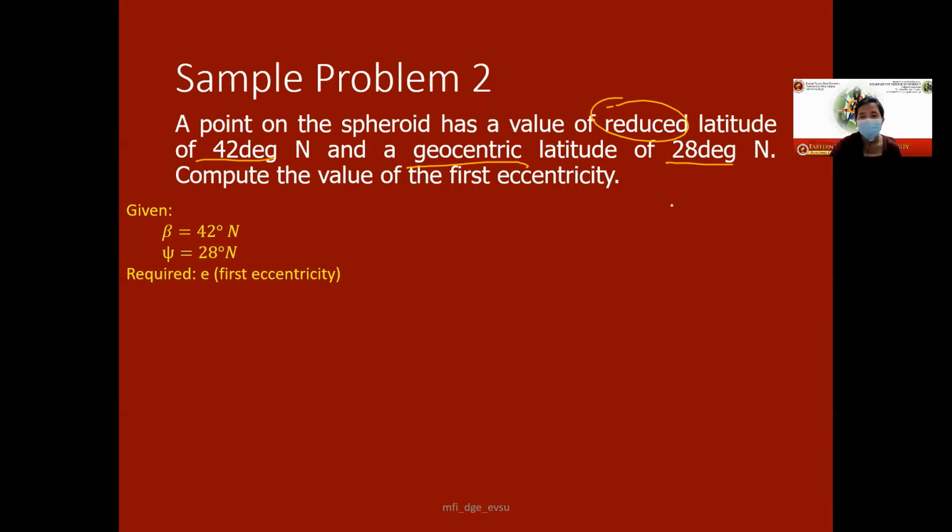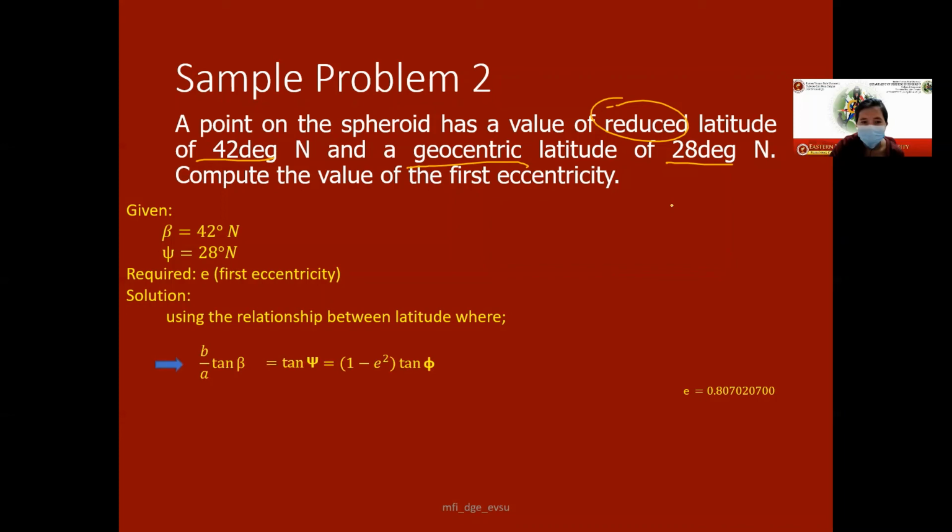We already know the relationship between the reduced and the geocentric latitude. So using the relationship between the three latitudes, b over a, tangent of beta is equivalent to tangent of chi, is equivalent to square root of 1 minus e squared times tangent of phi, where beta is the reduced latitude, phi is the geodetic.